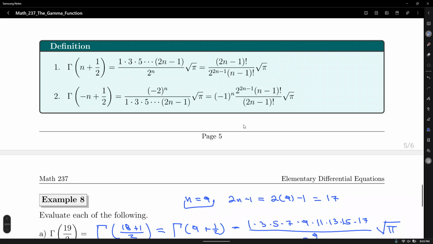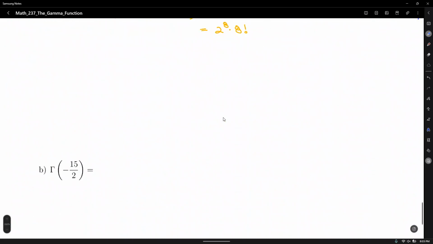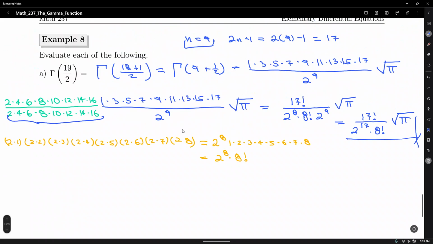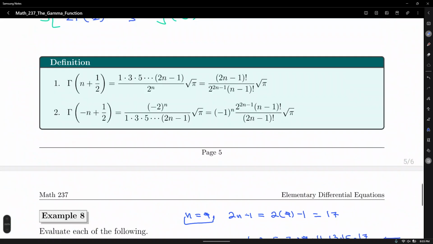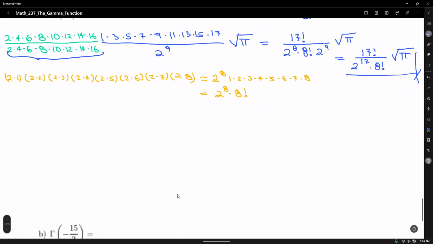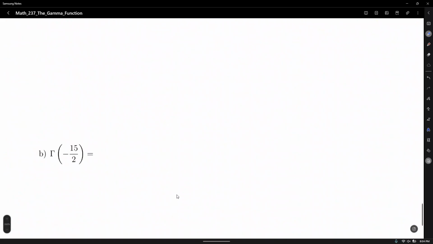And lastly, I'm going to do one with a negative number, but I'm going to go straight to the second form. Rather than writing the whole product, I'm going to use this form right here. So number one, let's write negative 15 halves as a gamma of what?